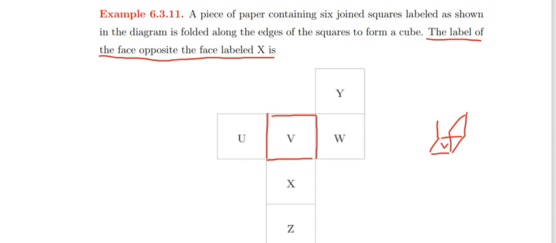And we just put these 3 squares this way. V is bottom. So V, so here's U, right? So here is W. Okay? U, V, W.